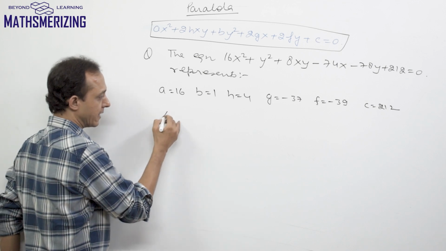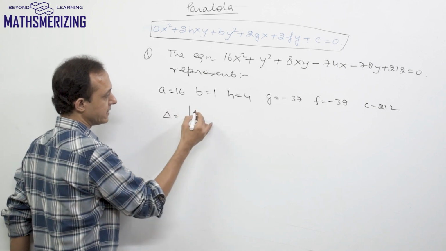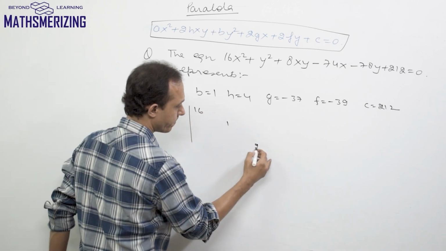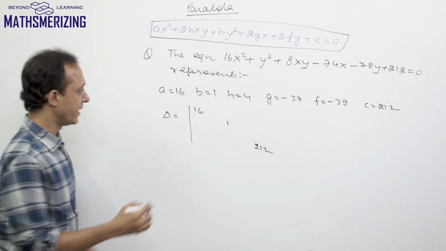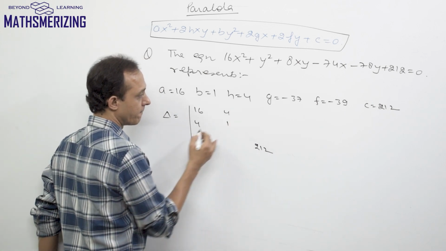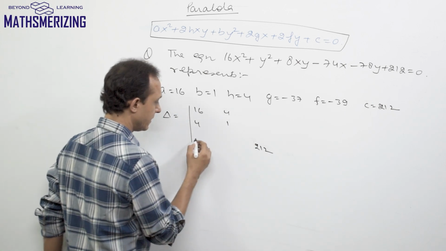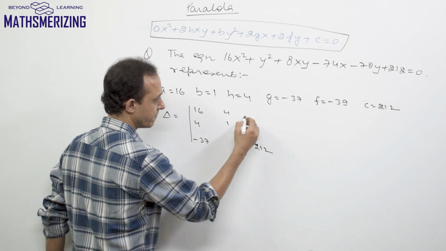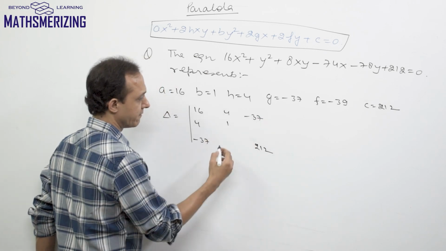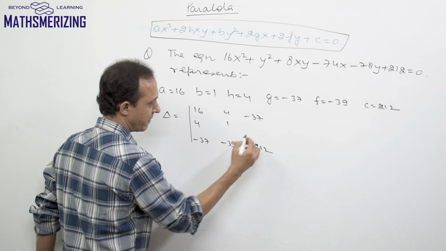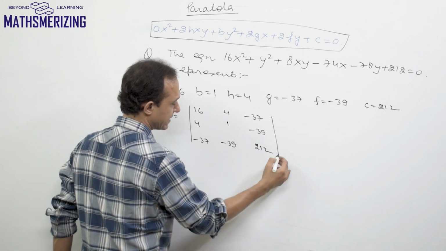Now first we'll calculate this delta, which is the rows 16, 4, minus 37; 4, 1, minus 39; minus 37, minus 39, 212.